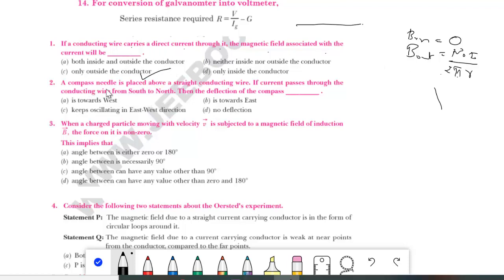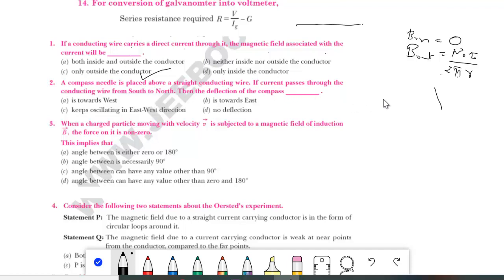Next one. A compass needle is placed above a straight conducting wire. If the current passes through the conducting wire from south to north, what is the direction of deflection of the compass?